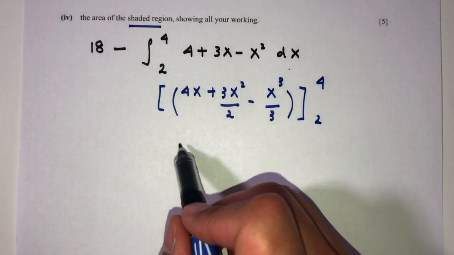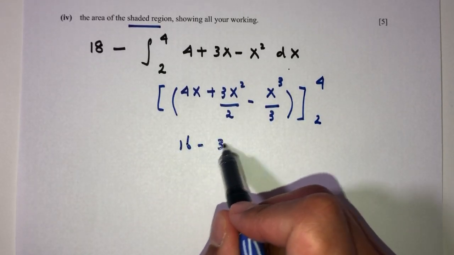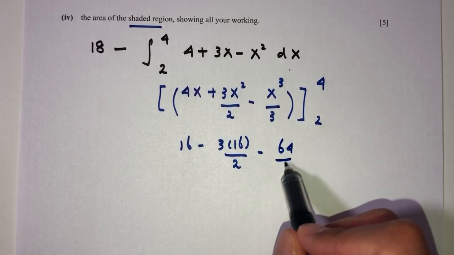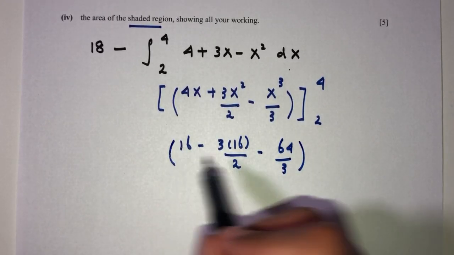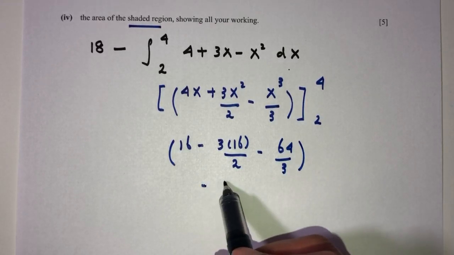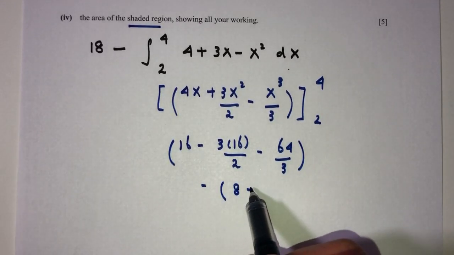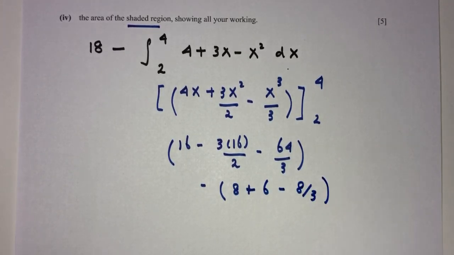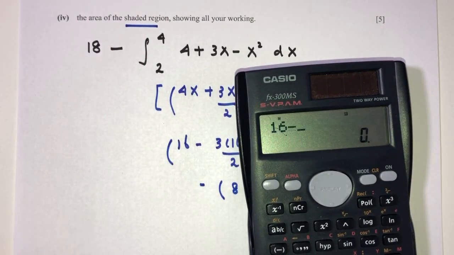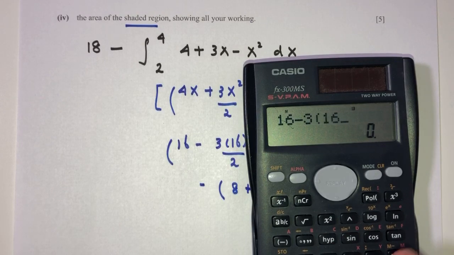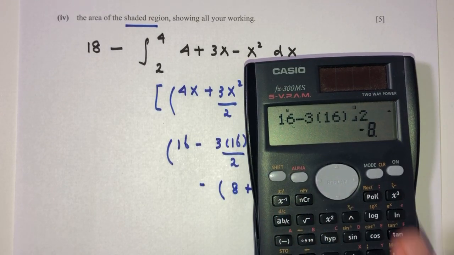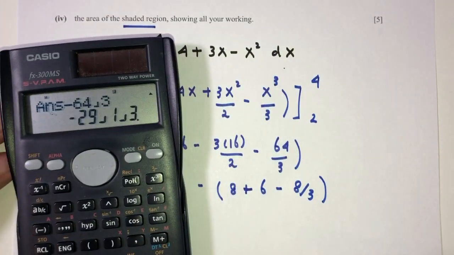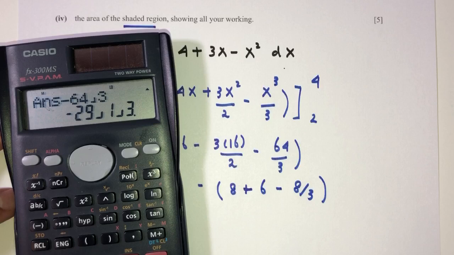Now simplify, you will have 16 plus 3 times 16 over 2 minus 64 over 3, minus, that will be 8 plus 6 minus 8 over 3.